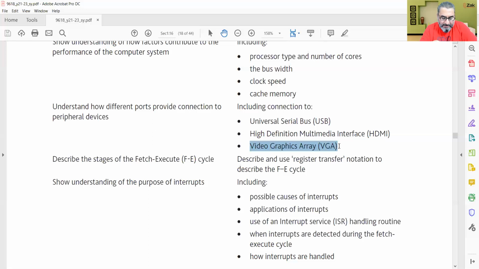The disadvantages are that first of all, VGA itself is outdated now. It is easy to bend the pins when making a connection. Oh God, that was very, very common.